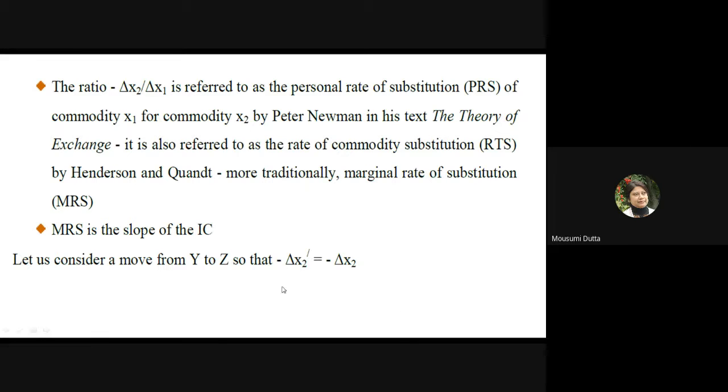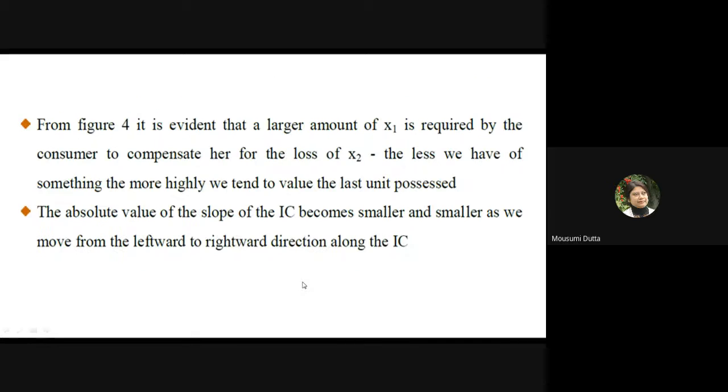As you know, when we considered the diagram, we considered del x2 that should be equal to del x2 prime. Already you know this thing. So from the figure, it is evident that a larger amount of x1 is required by the consumer to compensate her loss of x2. The less we have of something, the more highly we tend to value the last unit possessed.